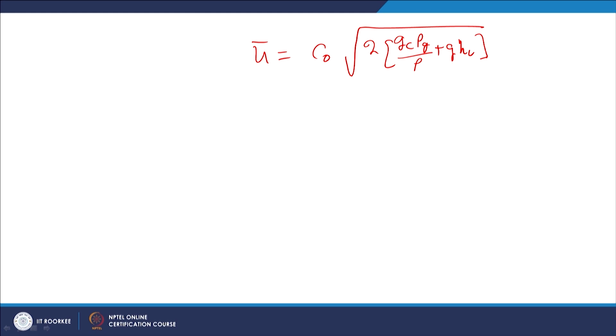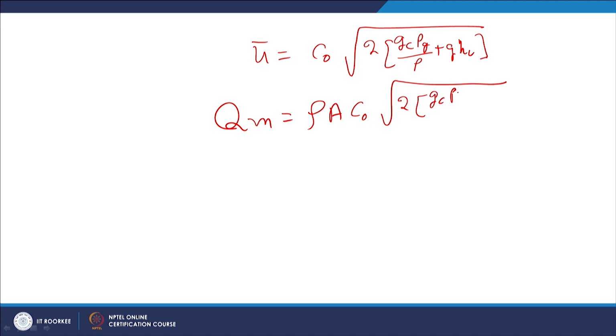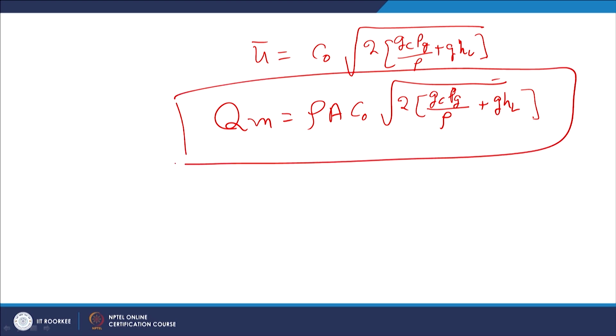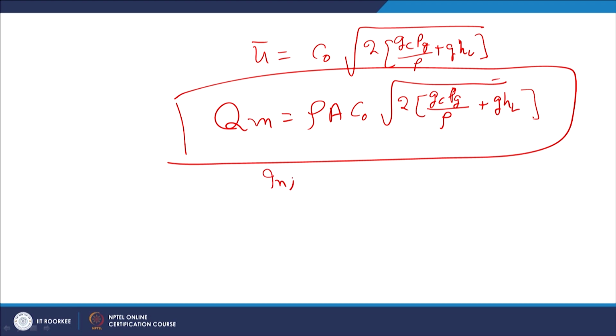So, therefore, the instantaneous mass flow rate will be given as Qm is equal to rho A C naught times the square root of 2 Gc Pg upon rho plus GHL, through which you can assess the instantaneous mass flow rate. Now, as the tank empties, the liquid height decreases and the velocity and mass flow rate decrease.